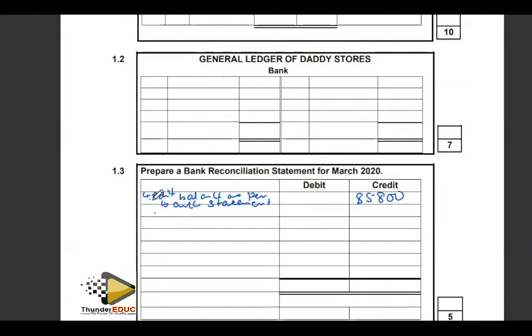So we are going to say credit outstanding deposit. And how much was the deposit? It was 18,000. So in other words, the bank was supposed to record for us this amount and they never recorded it.